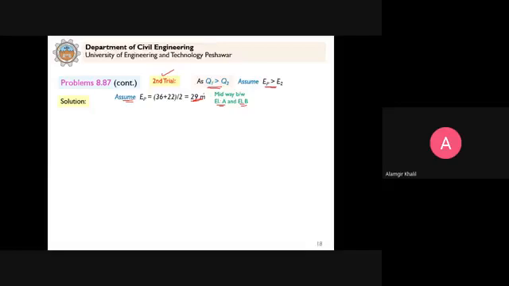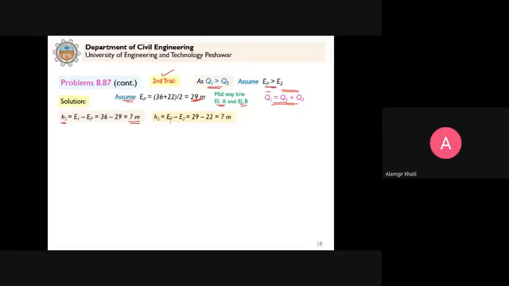So now we know EP value, we can calculate, and this will be the continuity equation because we say flow will occur into B. So in that case, we have to satisfy Q1 equal to Q2 plus Q3. Now that we know EP value, we can calculate H1 as we have done so far.